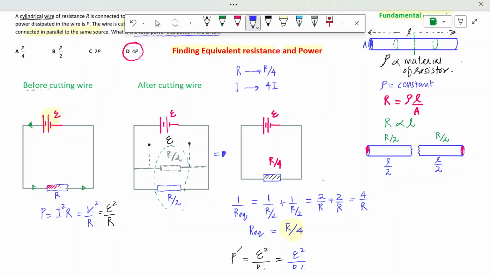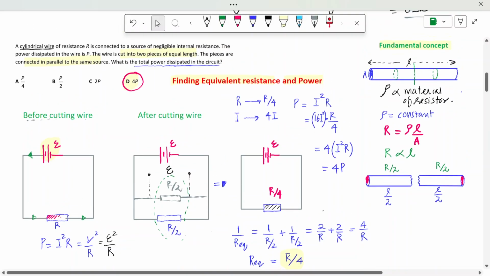You know that the power is equal to I squared R. On one side the resistance is reduced to R over 4, and the current is increased by 4 times, so its square will be 16 I squared. Clear? So once again we get the same thing. The power dissipated has increased by 4 times. So this is the answer for this question.